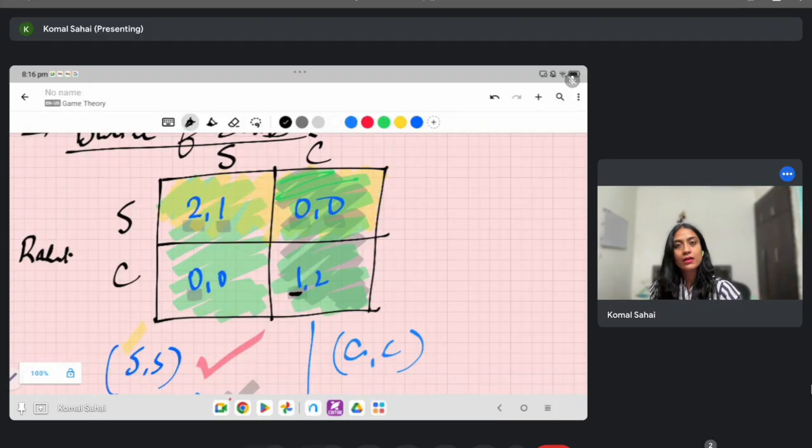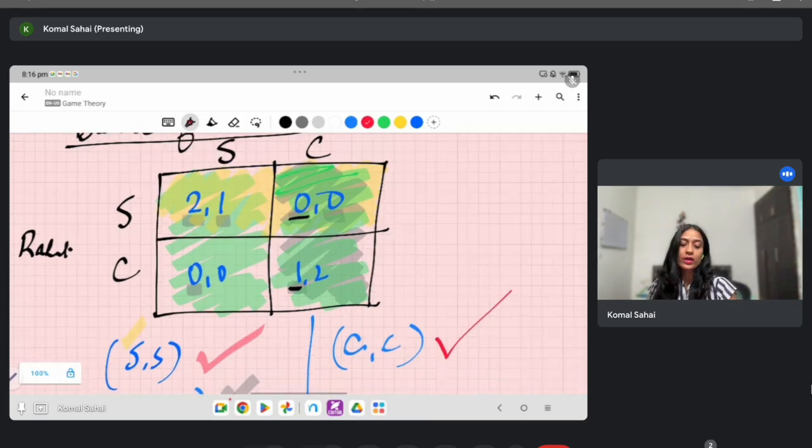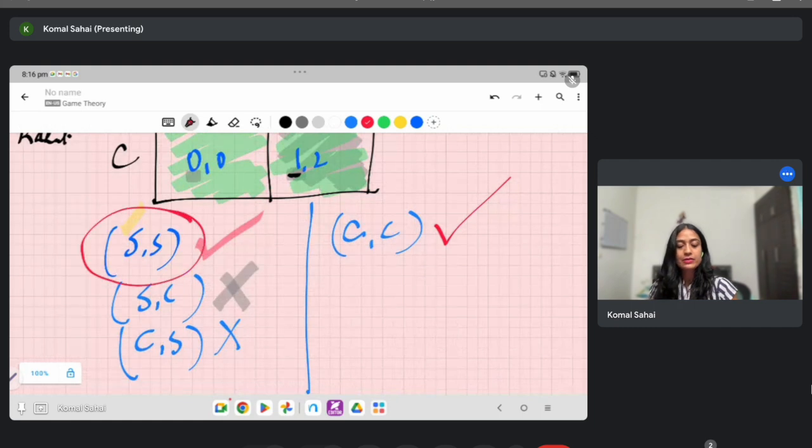Whereas if he says मेरे को stand up ही जाना है, so he'll get a 0, right? So no deviation from Rahul. Similarly, in the case of Anjali, Anjali को वैसे भी clubbing ही जाना था, तो अगर Rahul clubbing जा ही रहा है, so Anjali will also go clubbing. She is getting maximum benefit out of it, right? So then this qualifies.